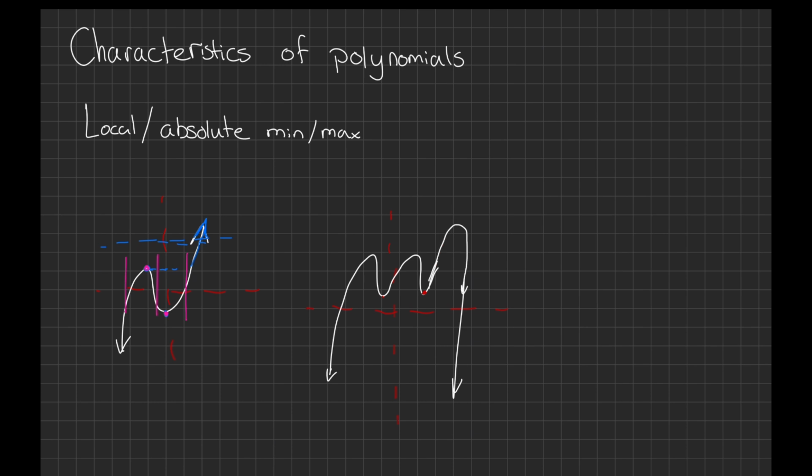We can see this point is our absolute maximum, because if these two keep going down forever, the function will never reach a greater y than here. That is our maximum y. So we can see this is the absolute max, but we still have some local maximums here. So these two are still local maximums.